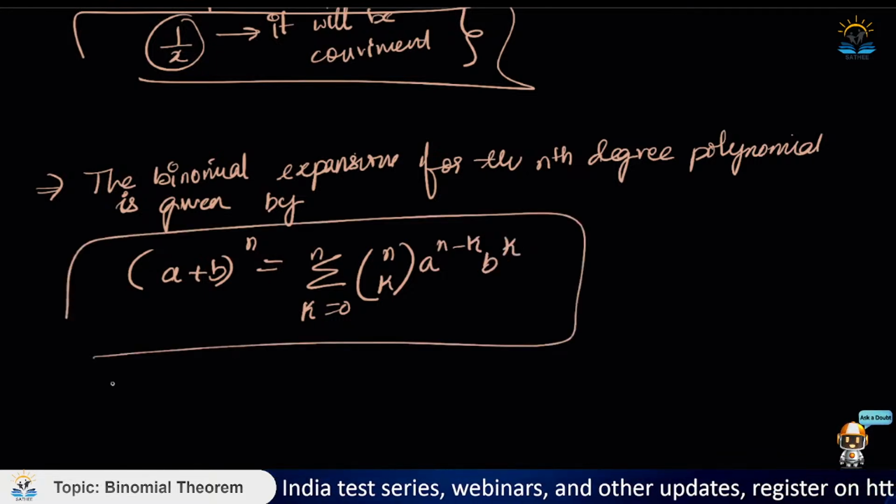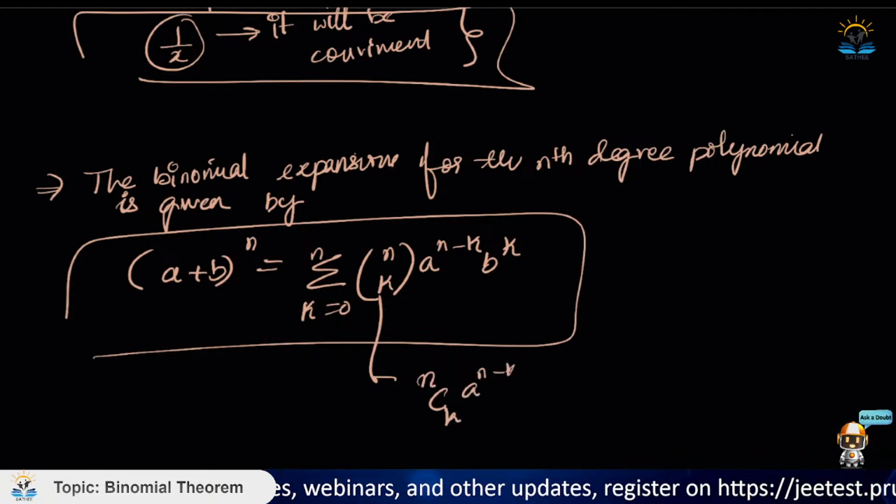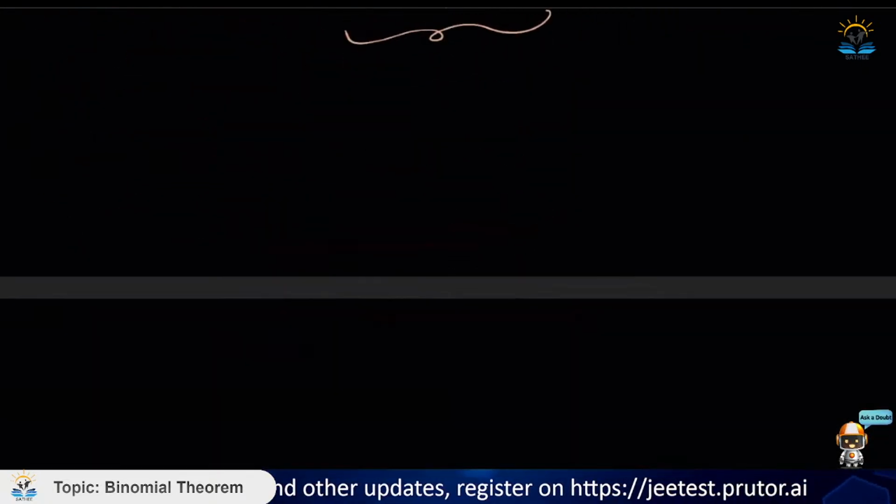So this is how it comes, this is equal to nCk a^(n−k) b^k. This is how we have to remember and know.